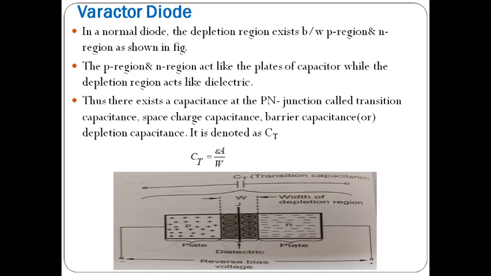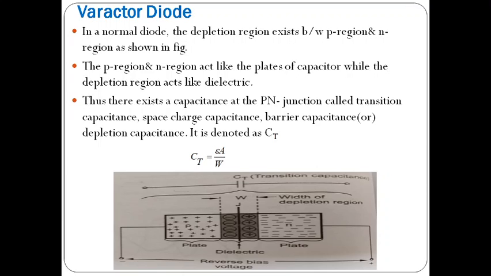We know in a normal diode the depletion region exists between the P region and N region. We can observe in the diagram the P region and N region. So this PN junction diode offers the capacitance, transition capacitance or space charge capacitance or barrier capacitance or depletion capacitance in the reverse bias.